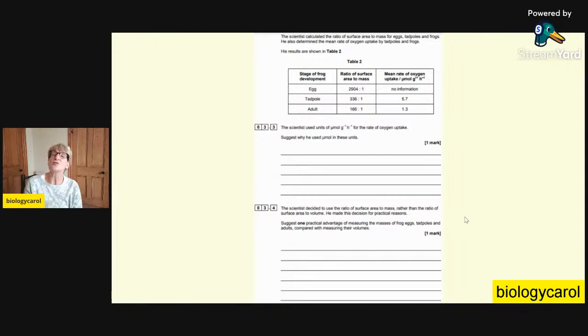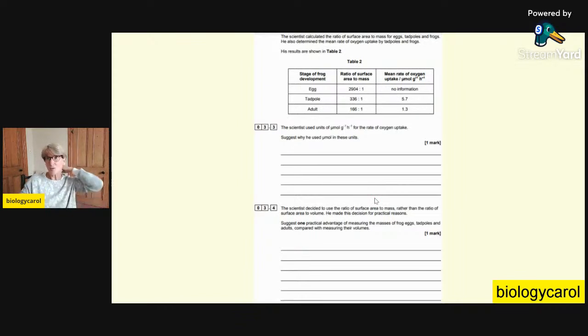The scientists used micromoles per gram per hour for the rate of oxygen uptake. And what they're saying here is that this would be micromoles of oxygen per gram of the egg per hour of time, obviously. Suggest why he used micromoles in these units.